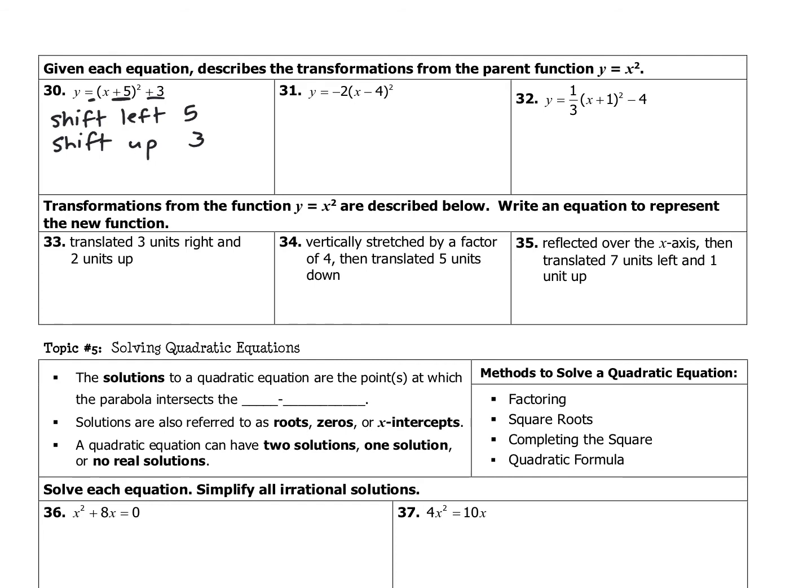All right, 31. Well, let's start out with the shift right 4. And then we have -2 being multiplied, so that's our A. This means it's reflected, because it's negative, reflected over the x-axis, and stretched by a factor of 2.